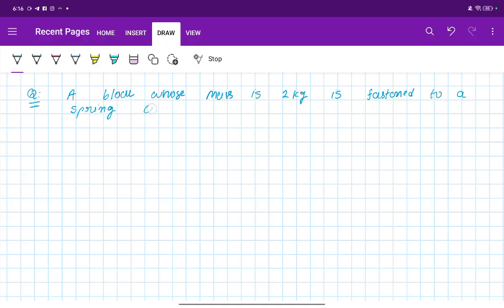A spring constant is 100 Newton per meter.